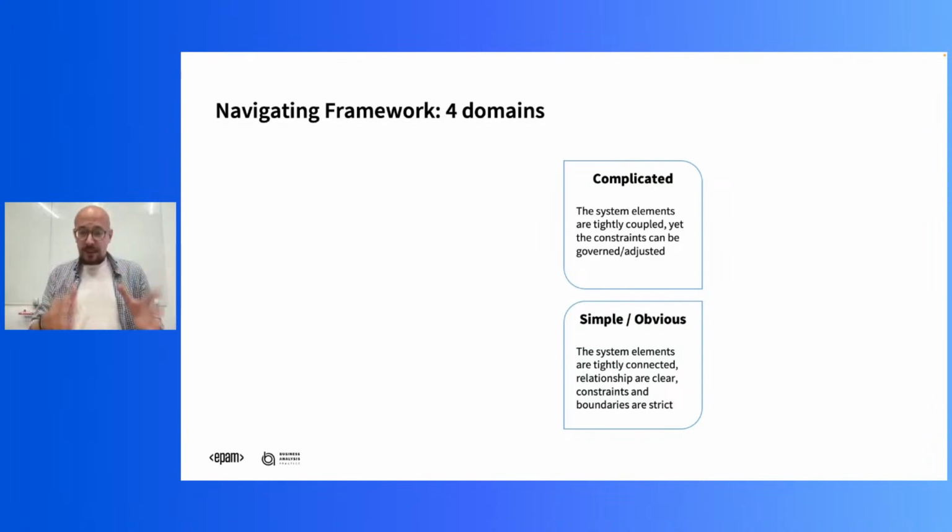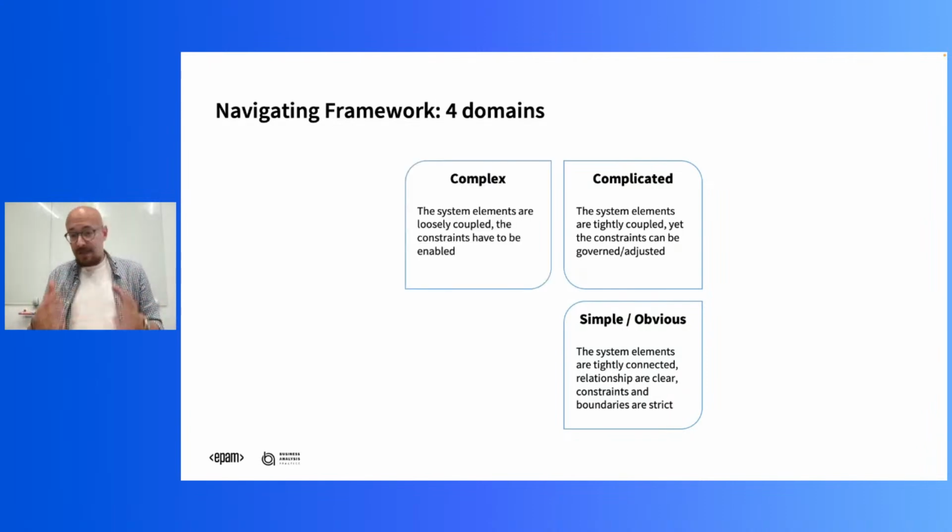Now, the next one, the so-called complex domain. This domain is characterized by emerging patterns and unpredictable outcomes. In this realm, the relationships between cause and effect exist, but they are too complex, and we can only predict the system behavior, but we cannot fully understand how exactly this system works.